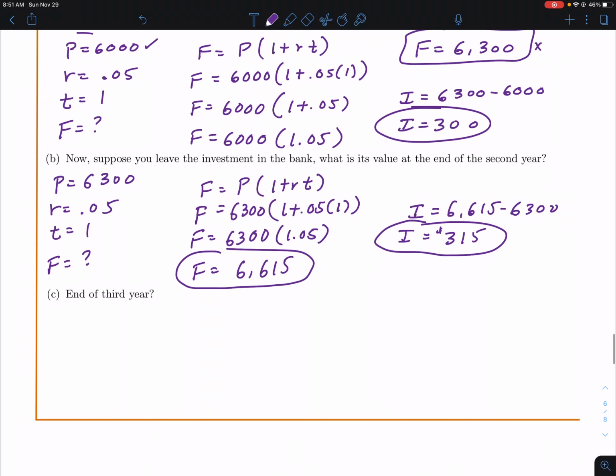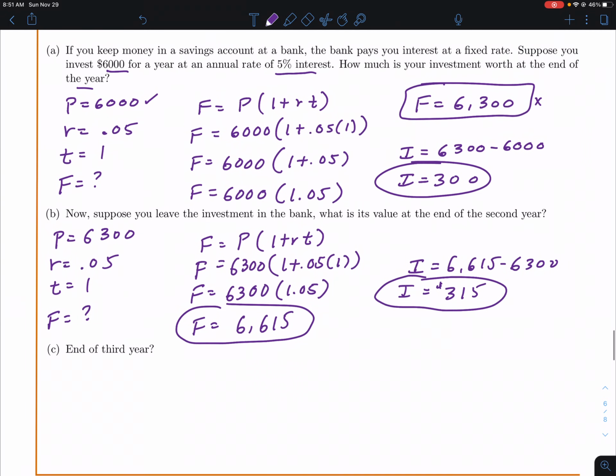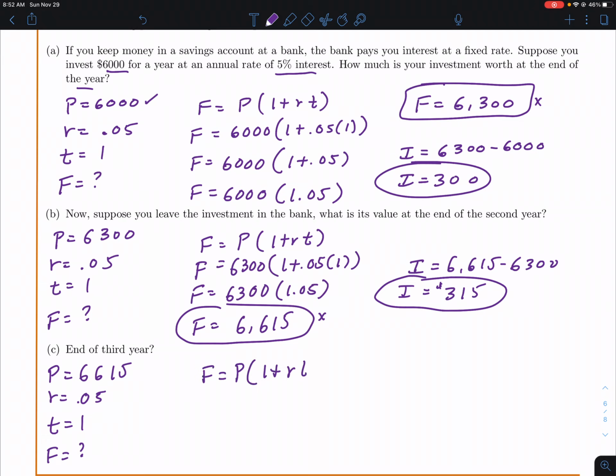So now, keep going. We want to do the same thing end of year 3. So again, now we want to use this new future value as our principal. So 6,615, but everything else stays the same. So again, set this up the same way, P times 1 plus RT, F equals 6,615 times 1 plus 0.05 times 1.